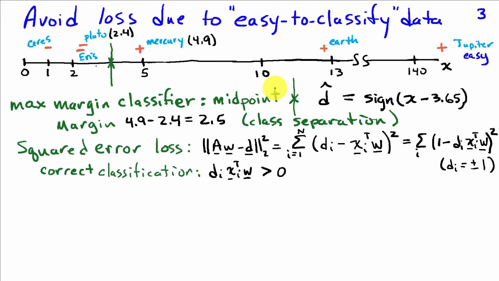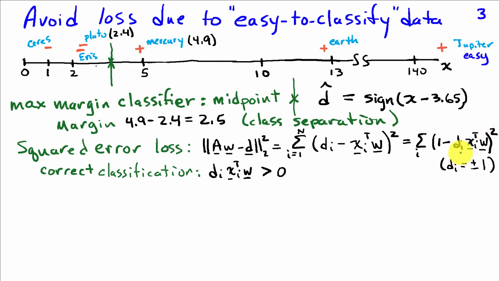Now let's look at the squared error loss in this case. Define the individual elements. My vector D is d sub i and the rows of A as xi transpose, then I can write my squared error loss as a sum from i equals 1 to n of (di minus xi transpose W) quantity squared. And since di is going to be plus or minus 1 in this binary classification problem, I can factor the di out of this expression and rewrite this as (1 minus di times xi transpose W) quantity squared.